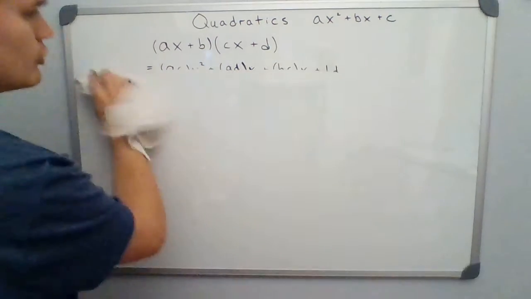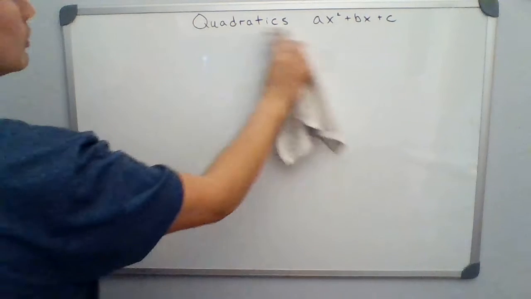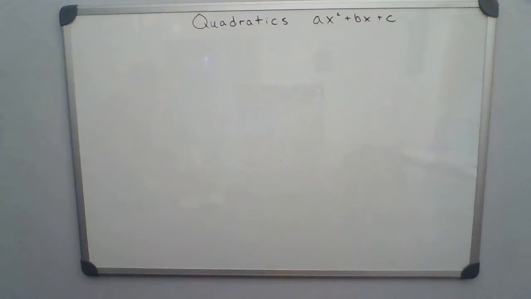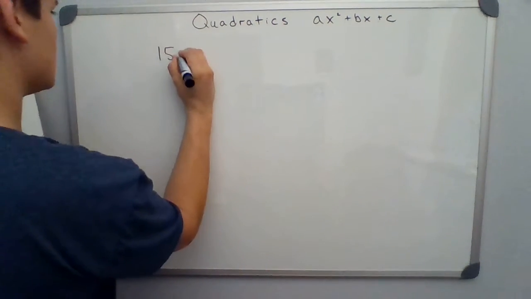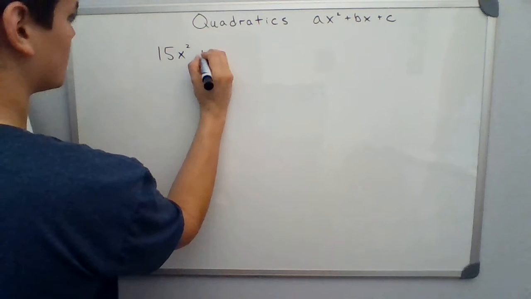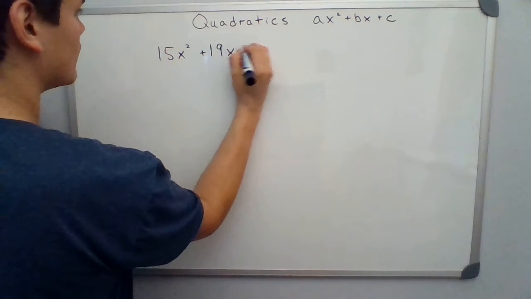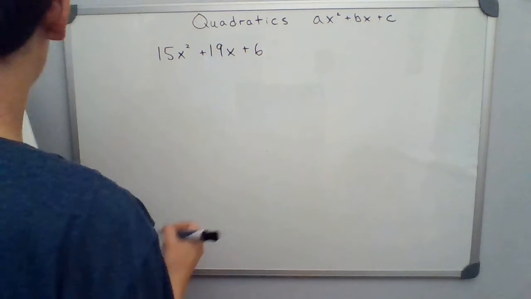So I guess I'll just do an example really quick just to make sure that we're on the same page. I'll just do this one: 15x squared plus 19x plus 6.